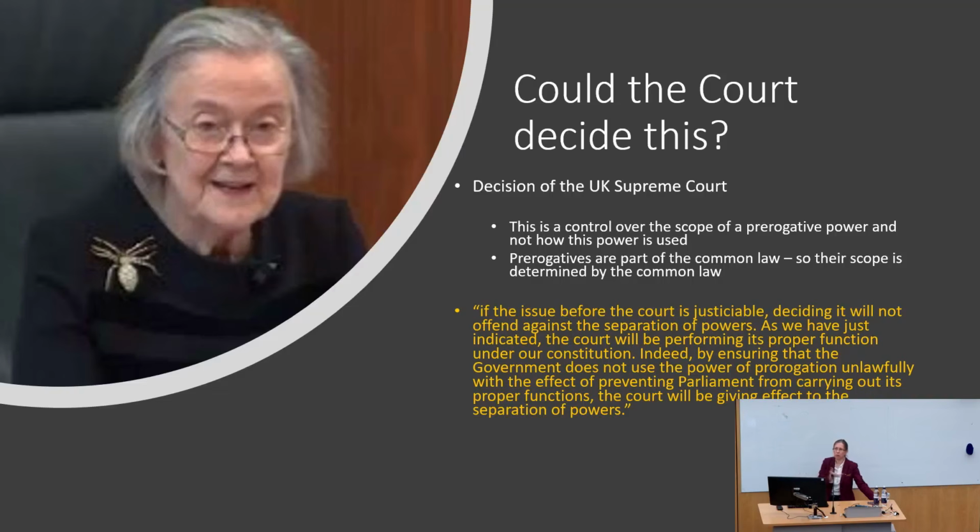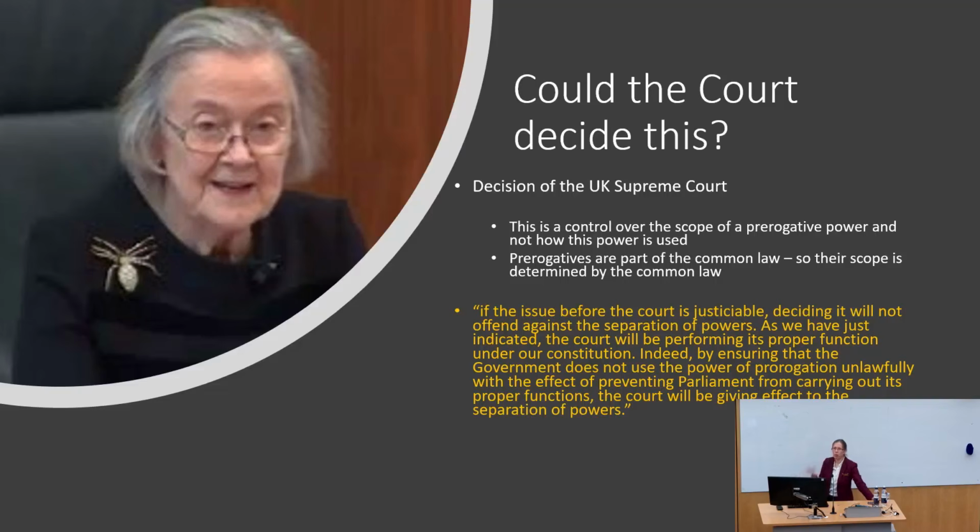If the government uses the power of prorogation to unlawfully prevent Parliament from acting, that is undermining the separation of powers. It is one institution of government, the executive, our government, saying, I'm going to act in a way that stops another, Parliament, the legislature, from working. And that undermines the separation of powers.